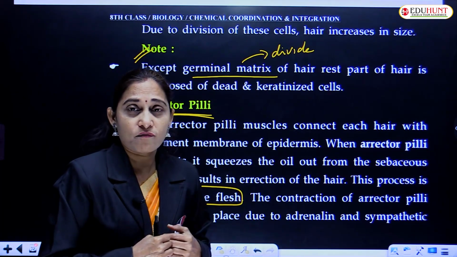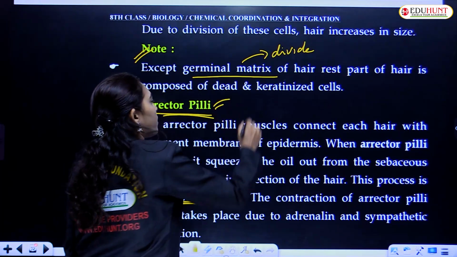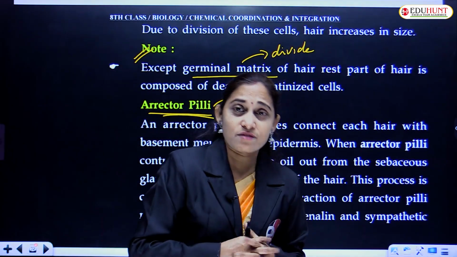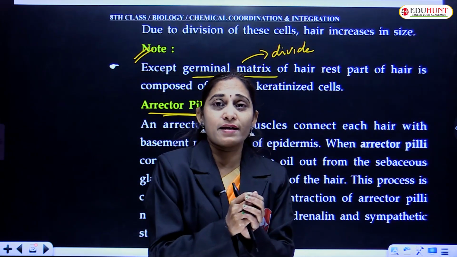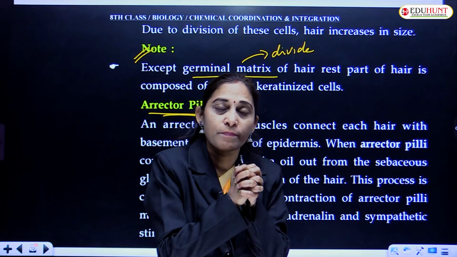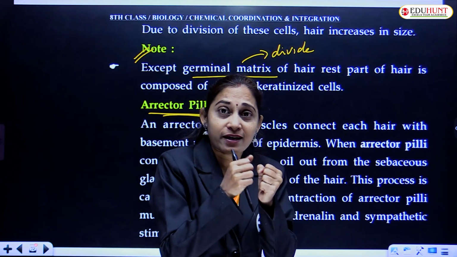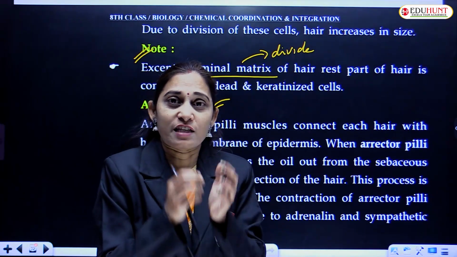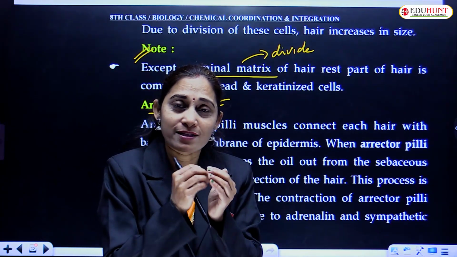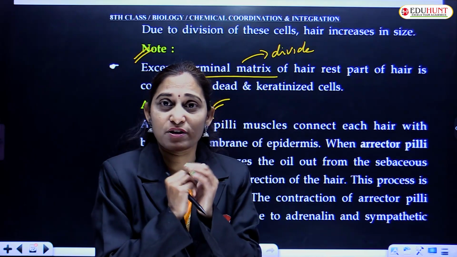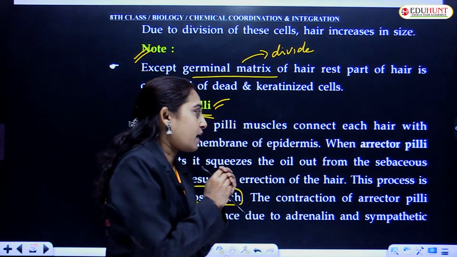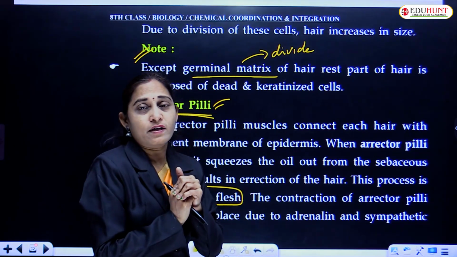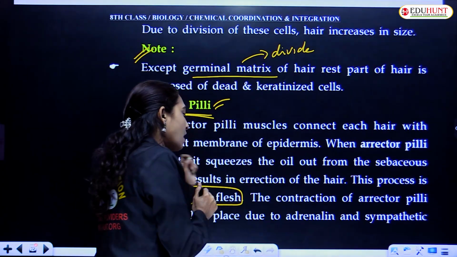Because of contraction of these muscles, that is erector pili lo vache contraction, muscle contraction valla ee sebaceous glands squeeze avutayi ante nokkuku poyinappudu oil secretion. Sebaceous glands secrete oils, sebum antam. Sebum lo oils untayi, that is the oily secretion of the sebaceous gland. This sebum that comes out of the hair and causes erection of the hair is called goose flesh.